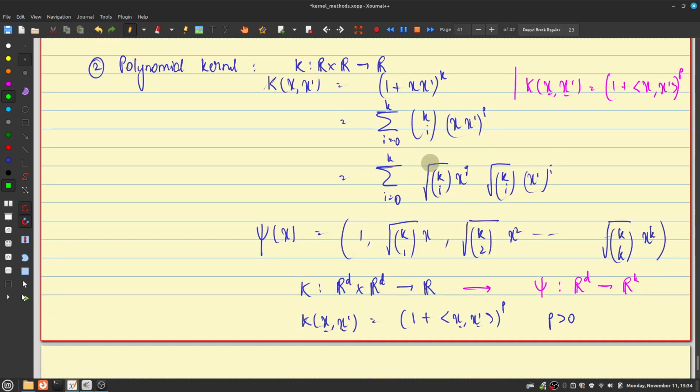Again, let's take the polynomial kernel. This is a function of the inner product, a monotone function of the inner product, so essentially all the properties of the inner product in R^d also carry forward to this polynomial kernel.